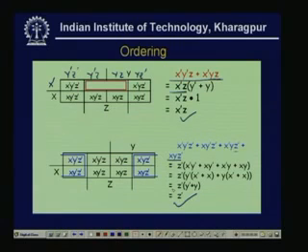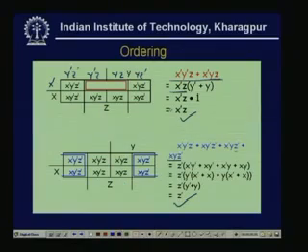So for a 3 variable function, 2 adjacent min terms are reduced to a term containing 2 literals, and 4 adjacent min terms are reduced to a term which contains only 1 literal. So they are reducing in this way.